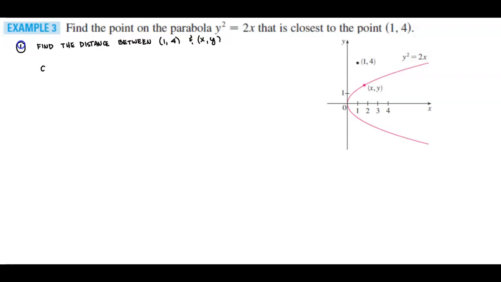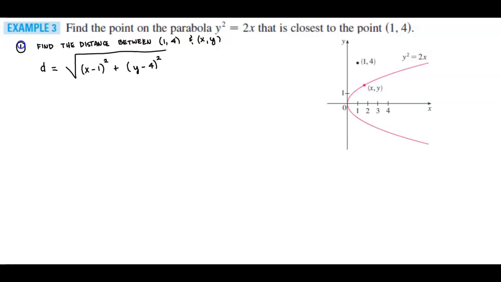Recall that we're using our distance formula, which tells us that we take the value of x and subtract the x coordinate of (1, 4), then square that, plus we take the y coordinate of (x, y) and subtract the y coordinate of (1, 4), and then square that.